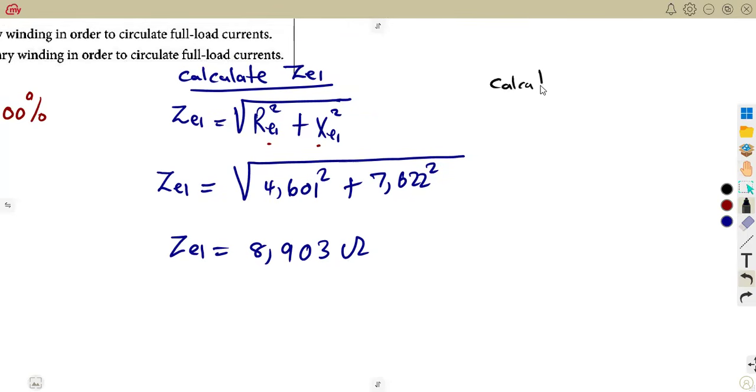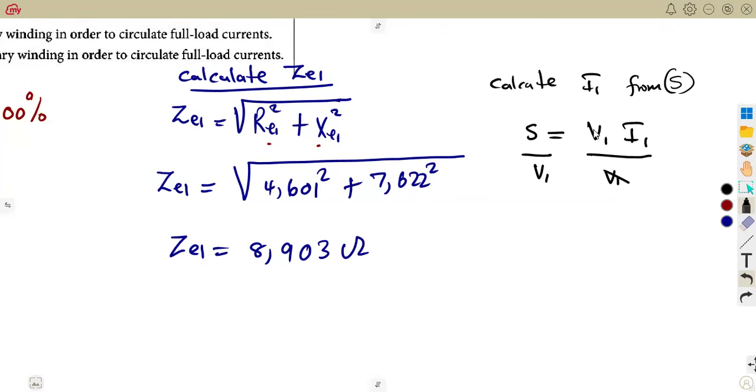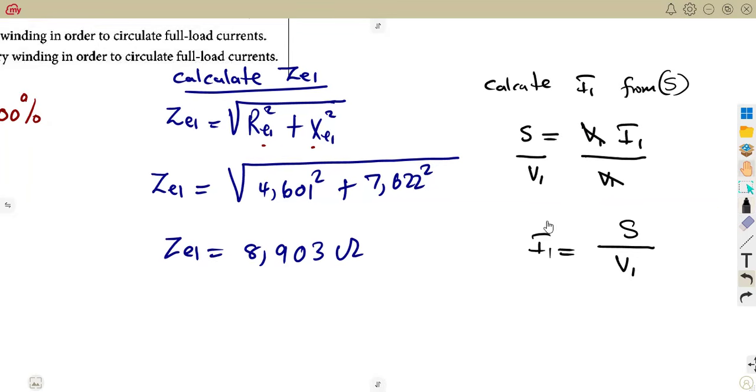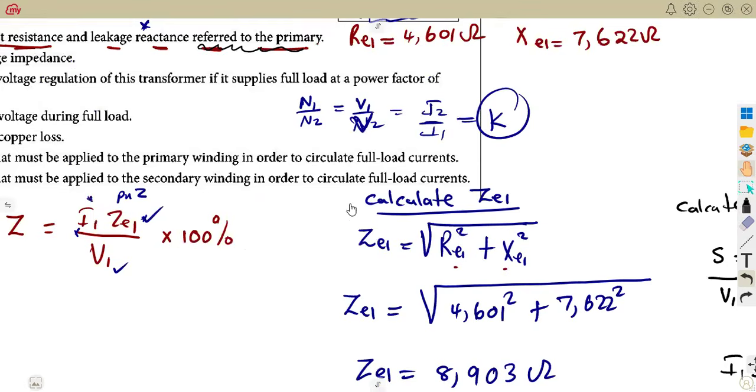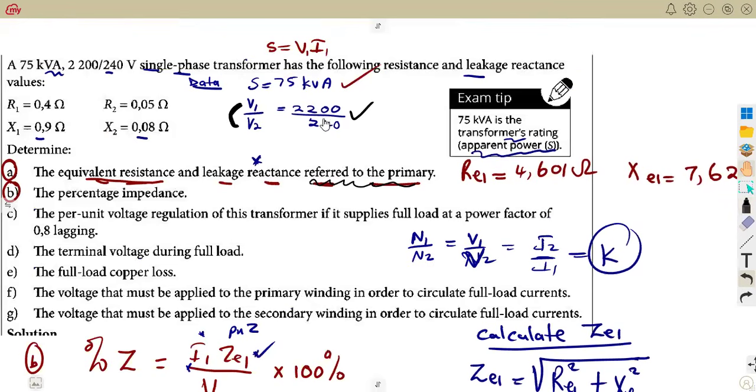So calculate, that is I1 from what? From S, which is our rating. So remember, S is equal to V1, I1. So what does it mean? To find I1, simply divide by V1 both sides. So that was going to give us the value of I1, which is S over V1. The rating that we are given, the kilovolt ampere that we are given, that was 75 kilovolt ampere, which is 75 times 10 to the exponent of 3 over V1. Remember, from our V1 over V2 here, voltage is 2,200.